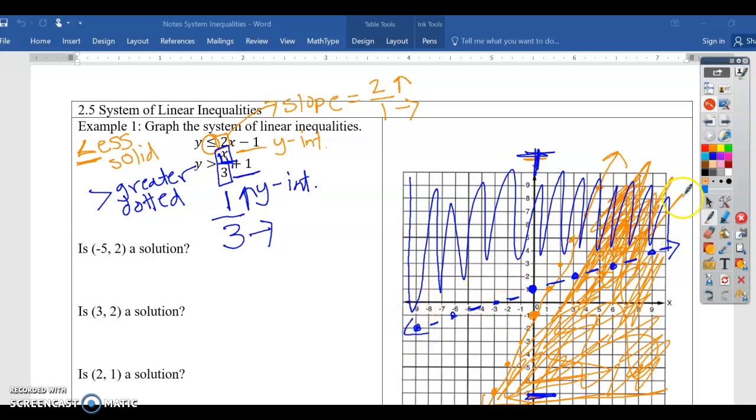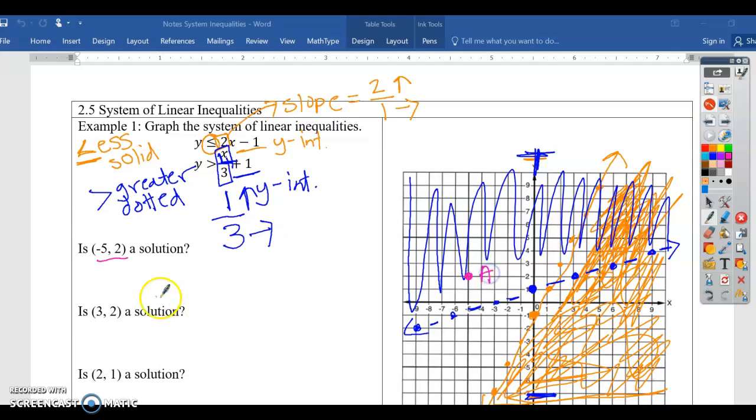You can do that. Okay, and so when it's asking you if it is a solution, it wants to know if these points are in the shaded region. But remember, we have two shaded regions, so it has to be in the orange section and in the blue section. So -5, 2 is right here.